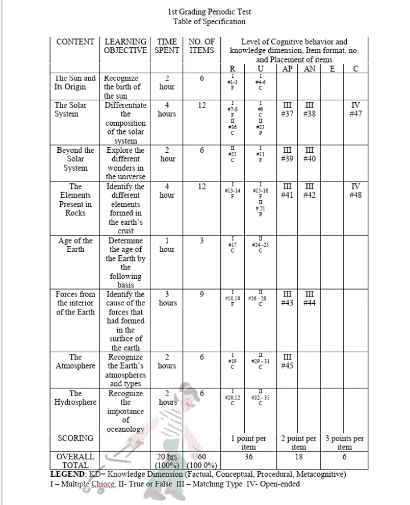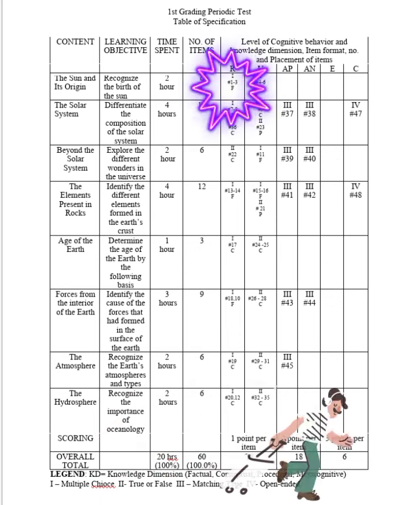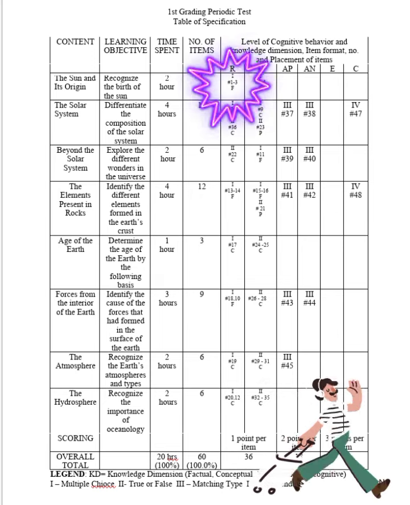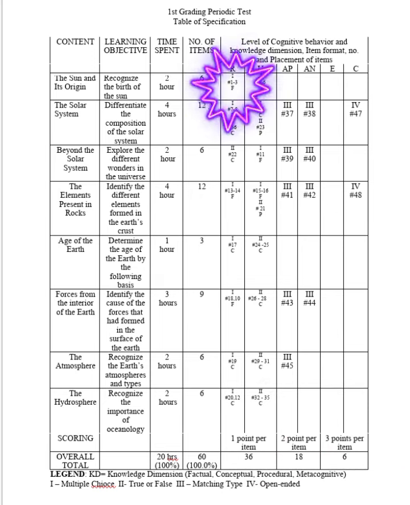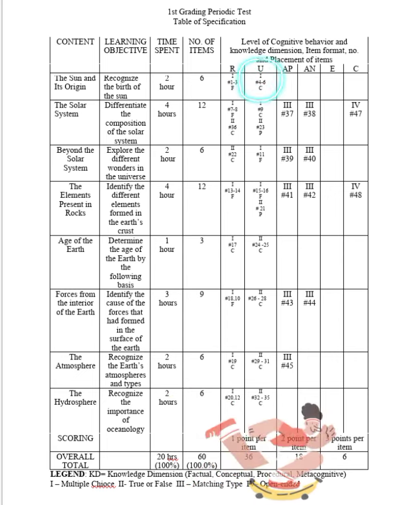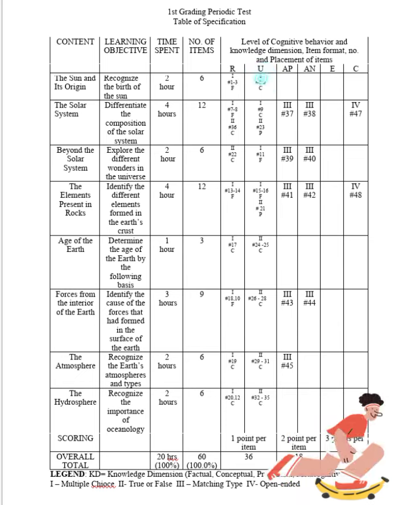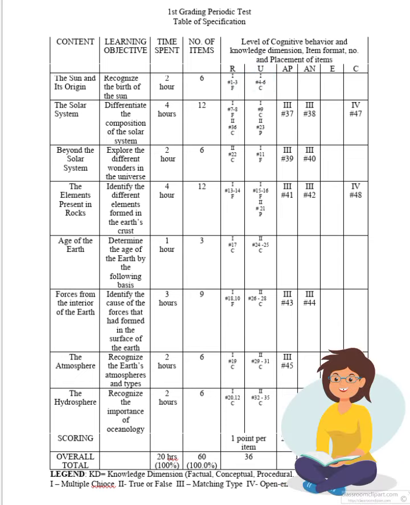For numbers 1, 2, and 3, I've used the factual knowledge dimension in a multiple choice test under the column of remembering. For numbers 4 to 6, under the understanding column of cognitive behavior, it is a multiple choice test in a conceptual form, followed by the rest of the items.